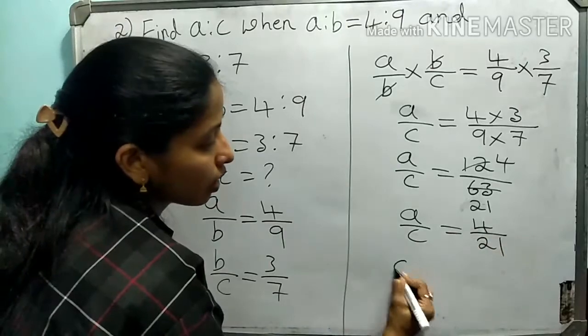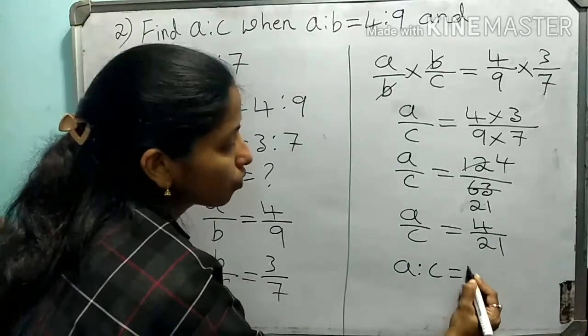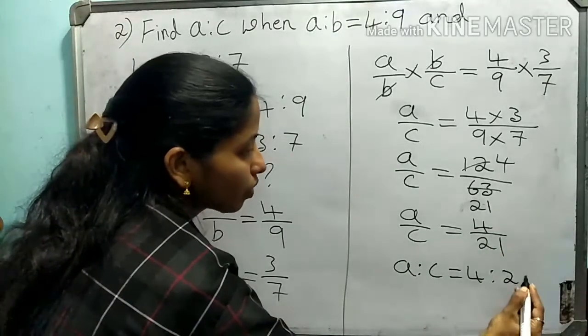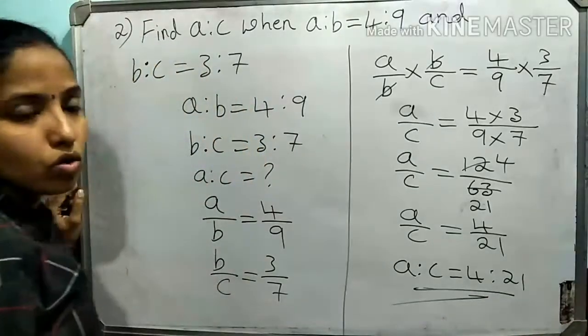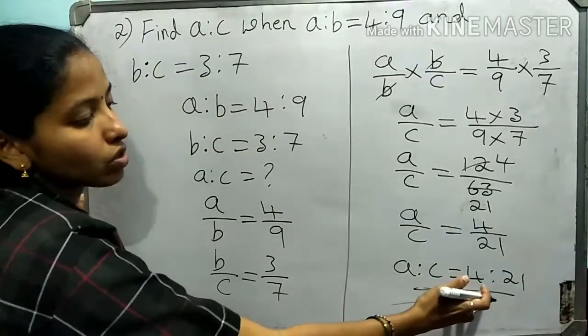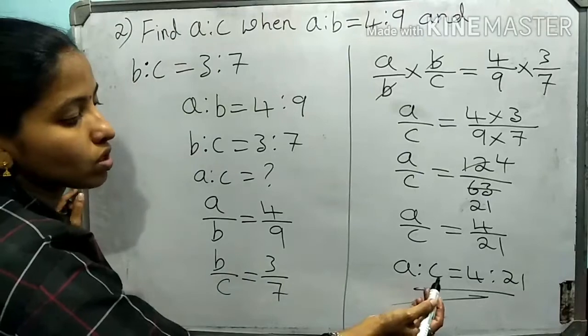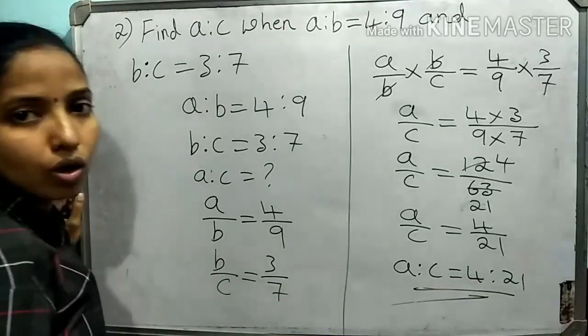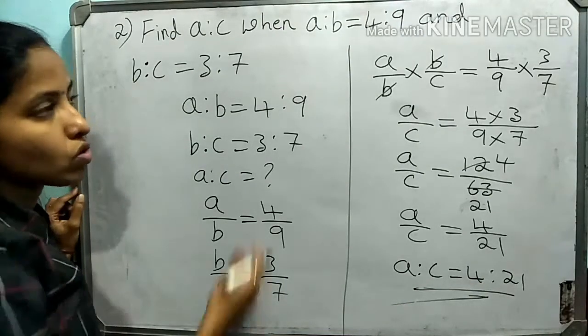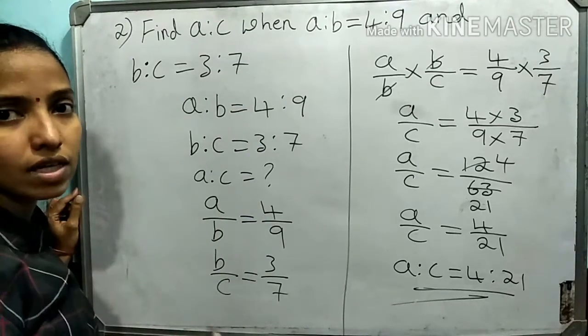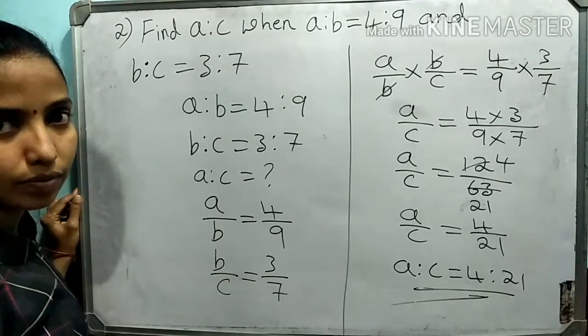So A is to C is equal to 4 is to 21. So the answer is 4 is to 21. Now check your answer. If there is any mistake, please correct it.